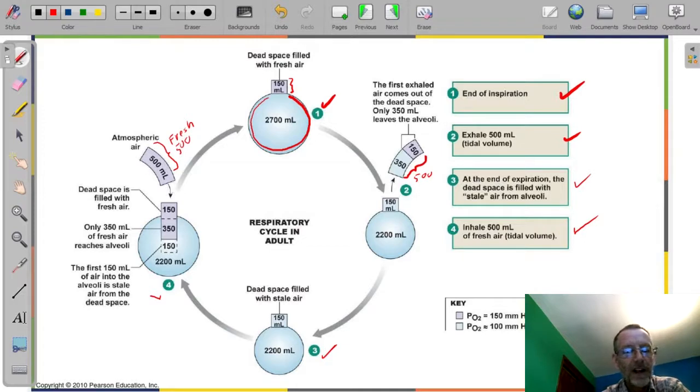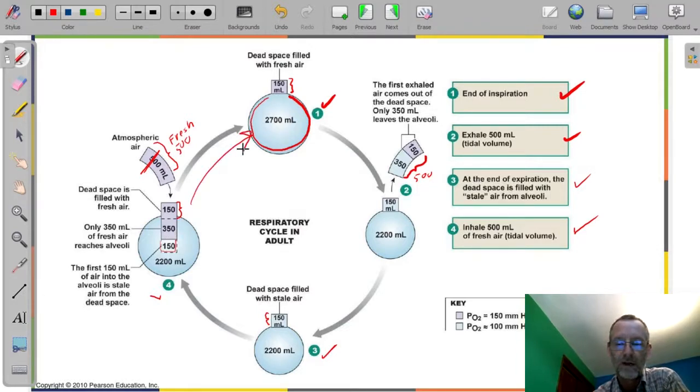And 150 of that is left in the anatomical dead space, the bronchioles, the trachea, etc. 350 goes into the alveoli, and it pushed that old stale air, the old 150, back into the lungs again. So even though we inhaled 500 mils, we only ventilated the alveoli with 350. And then we go back to where we started.